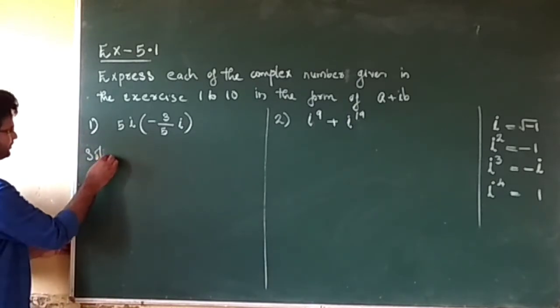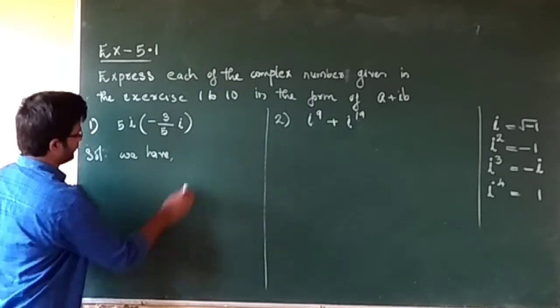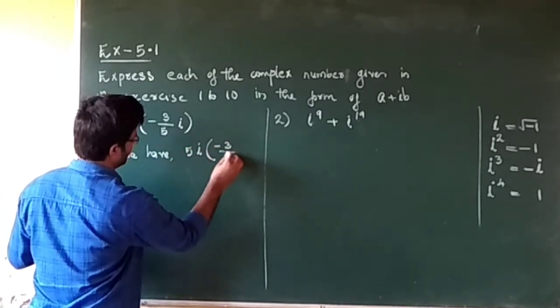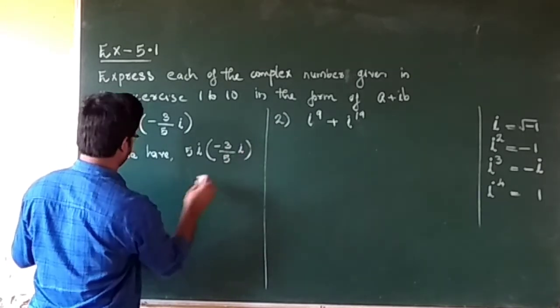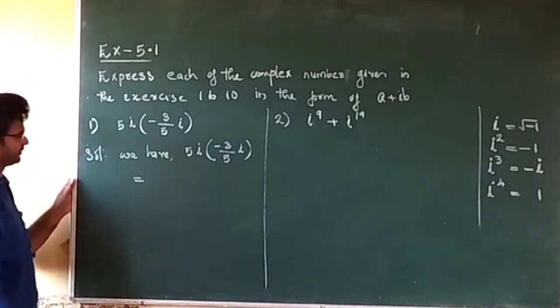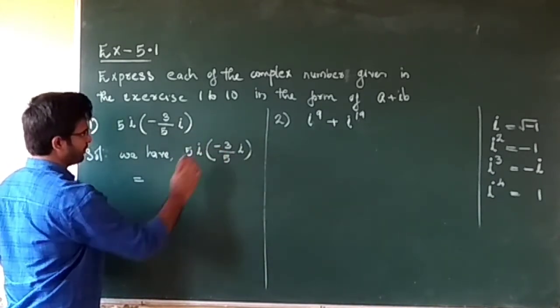We have 5i into minus 3 divided by 5i. We can multiply the numbers, that is real numbers, 5 and minus 3 by 5.